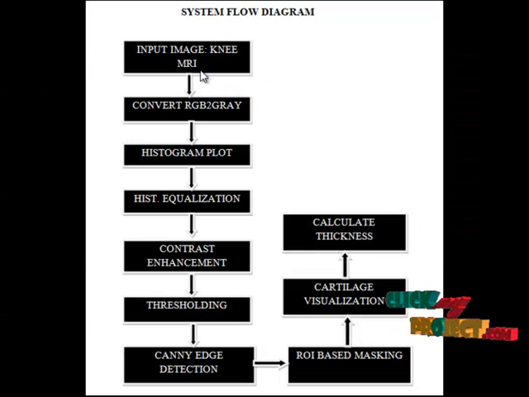This is the flow diagram of our project. In the first step, we initialize the knee MRI images. Then this image is given to the RGB to gray conversion block. In this block, it converts the given 3-sample image into a single-sample image, since the given MRI images contain 3 samples, that is red, green and blue.